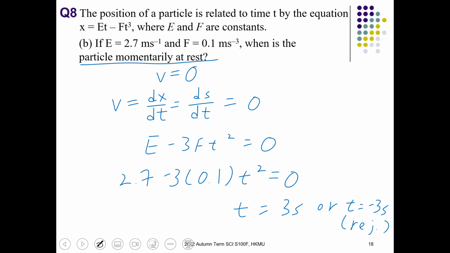When we start, the consideration time should be from 0 seconds. This is the minimal value of t. So that's why very often we try to reject the older value, particularly if time is negative.